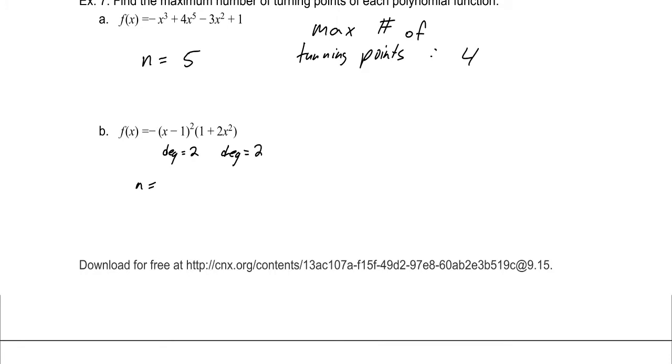And based on our exponent properties, that would mean together they have a degree of 4. We'd add the exponents. So if the degree is 4, the maximum number of turning points is 3. It could have at most 3 turning points.